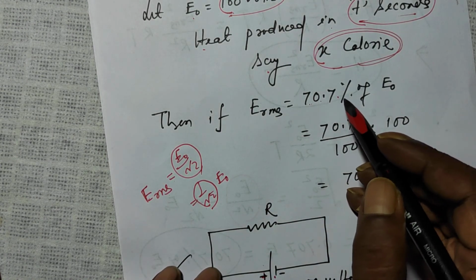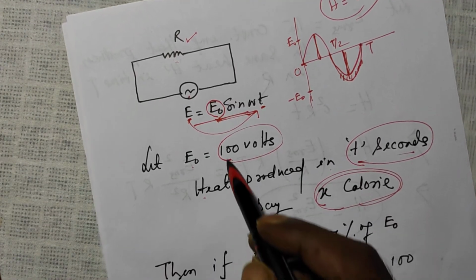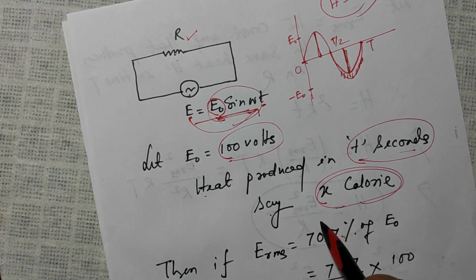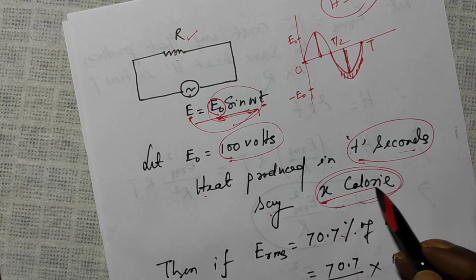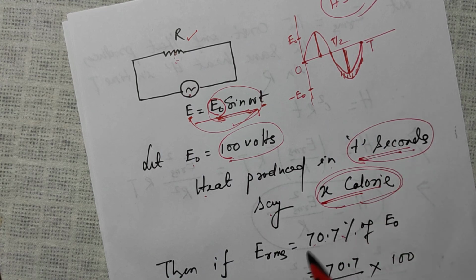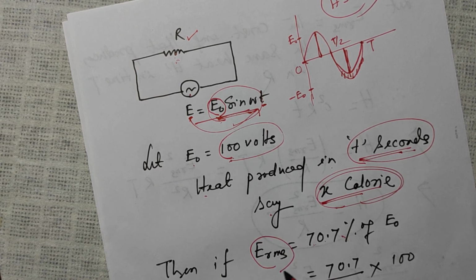0.707. So the question is, if this alternating voltage is applied across the resistance, let's say x calories of heat is produced in this resistance in time t seconds. We'll derive in a few minutes that E RMS will be 70.7% of E naught, always.